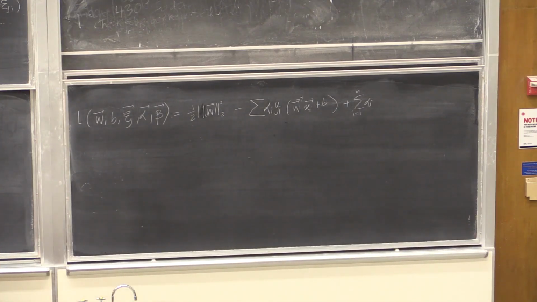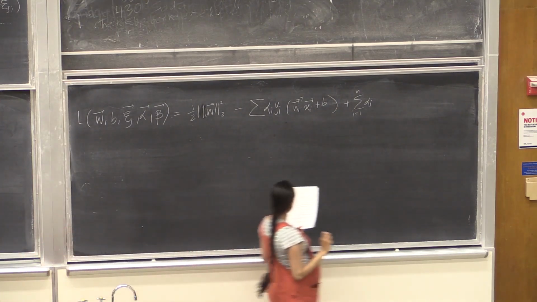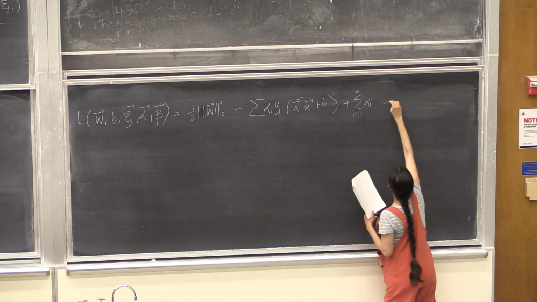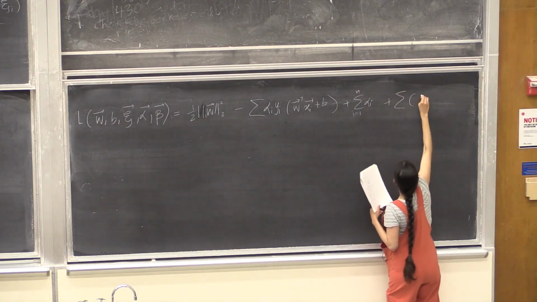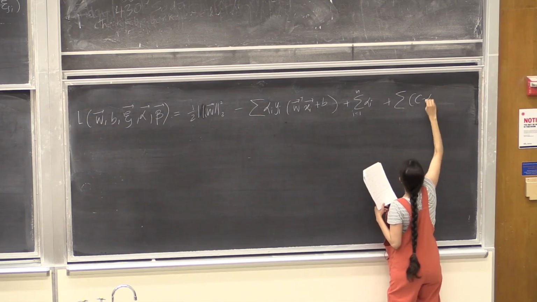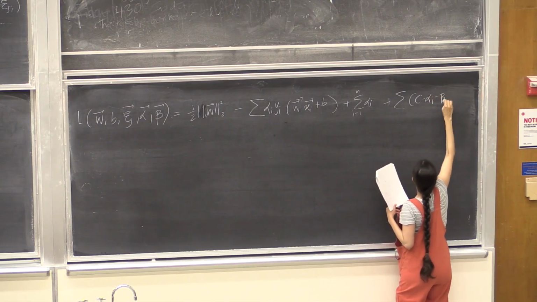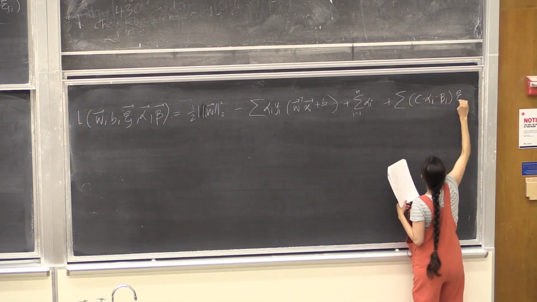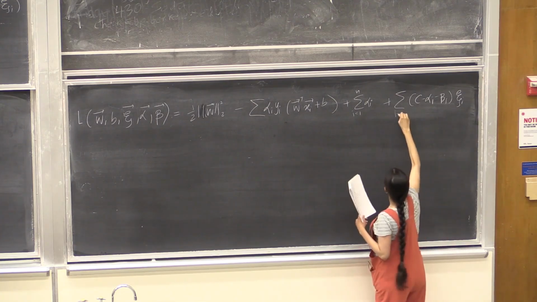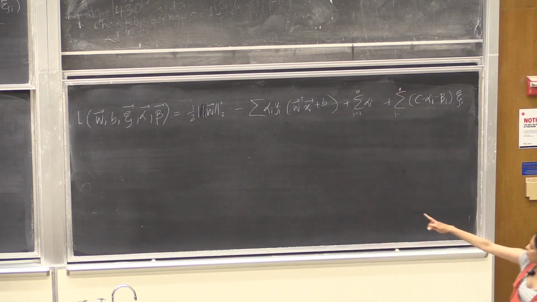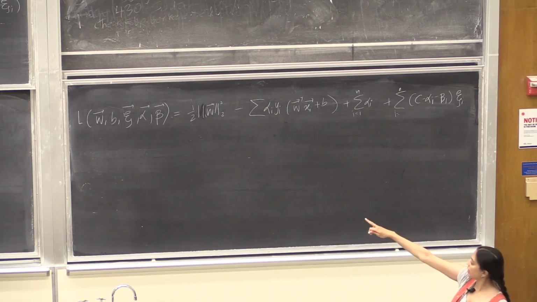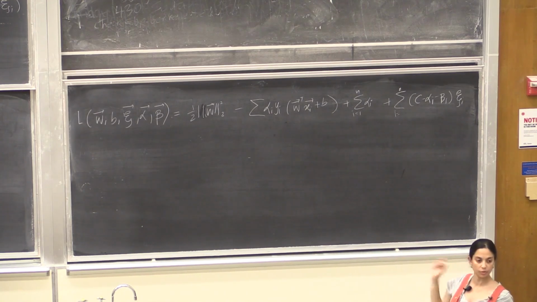So I have psi I from the second term, alpha I times 1 minus psi I, I'm just pulling out the 1 there.